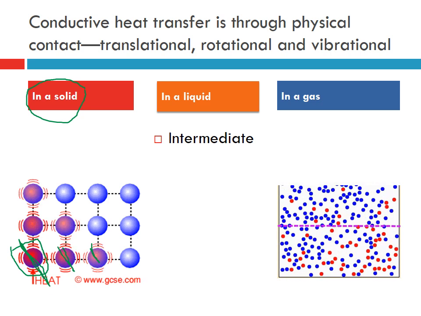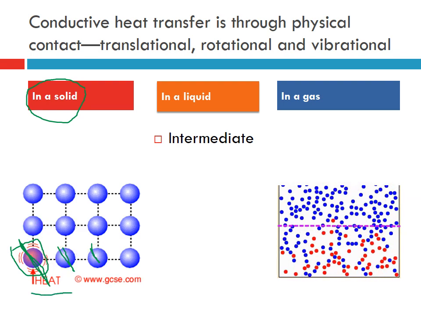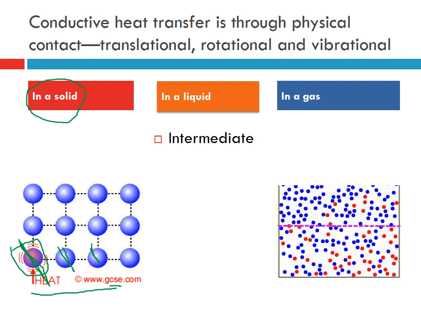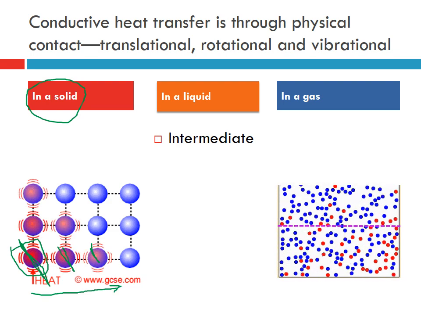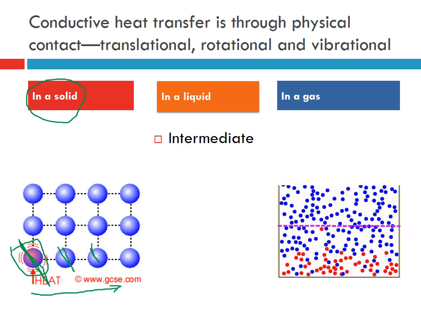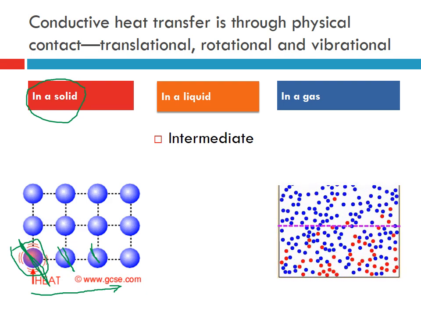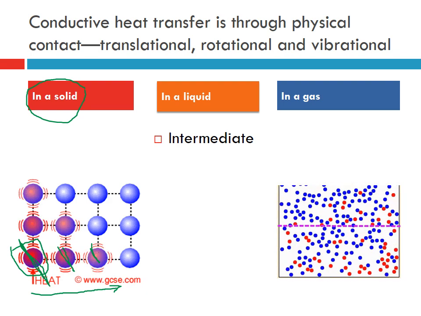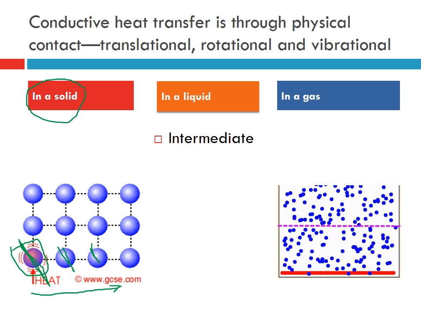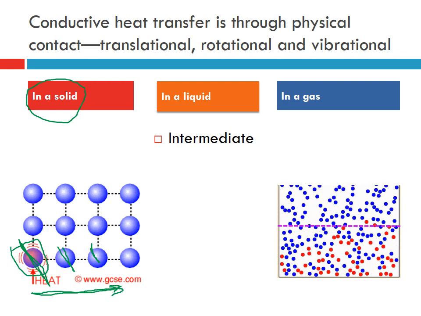And so in this way, energy from a higher temperature molecule is transferred to a lower temperature molecule in a very orderly fashion, because they are all connected in a lattice. So this is the process of heat conduction. Because they are connected, the energy is moving by touching, and so energy moves from higher temperature to the lower temperature by conduction.